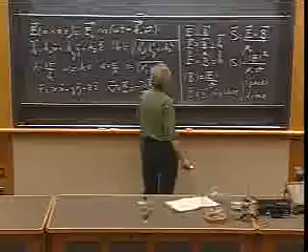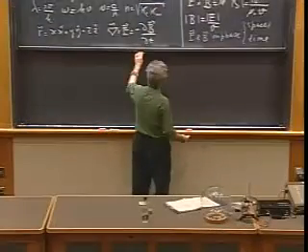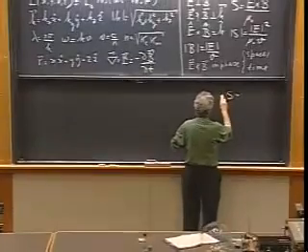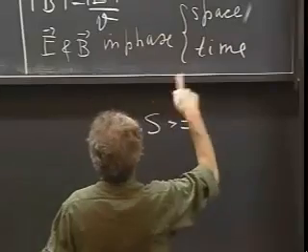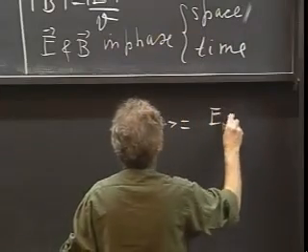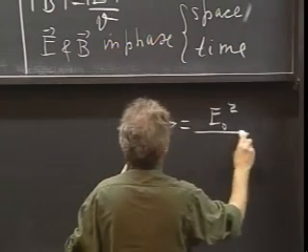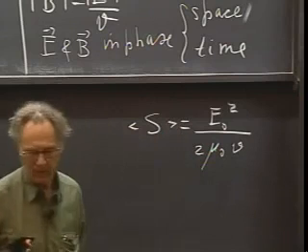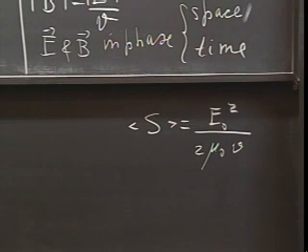And so you can also write down that S time averaged would then be E0 squared, this is now the amplitude, divided by 2 mu 0 times v. And the 2 comes from the fact that the average value of cosine squared omega t equals 1/2. And this is then in watts per square meter. So that's the traveling wave.